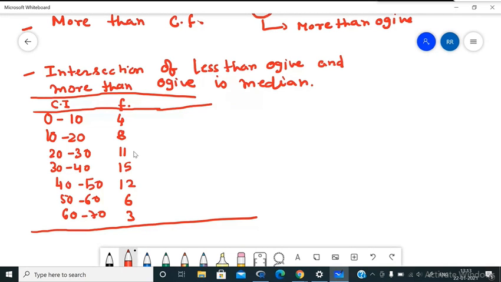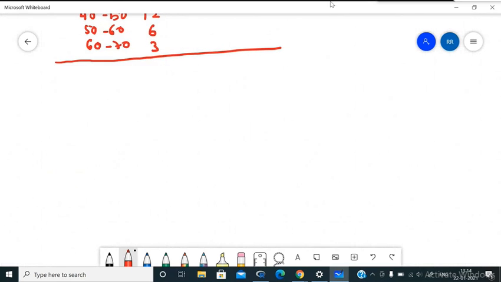Now we will discuss the measure of dispersion.